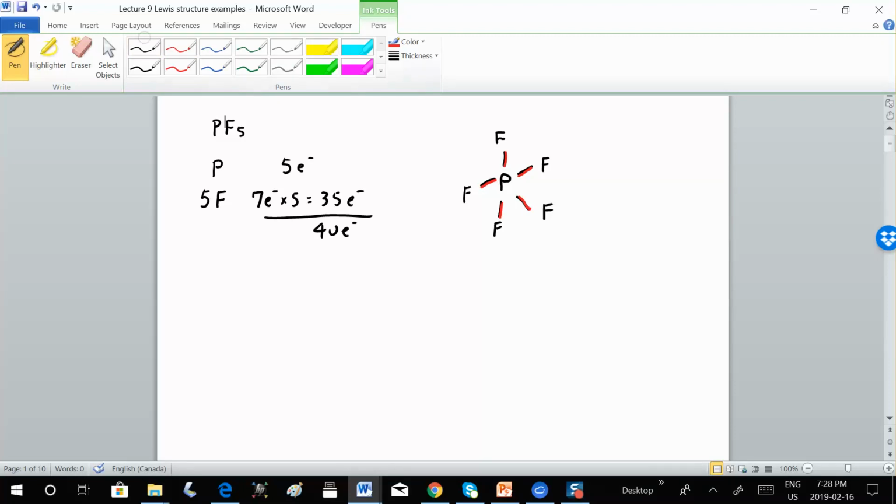Okay, so I have 5 single bonds, and each single bond has 2 electrons. So I've used up 10 electrons already. I need a total of 40 electrons. So that means I have a remaining 30 electrons that will go on the terminal atoms first until I fill the octet. So let's do that.